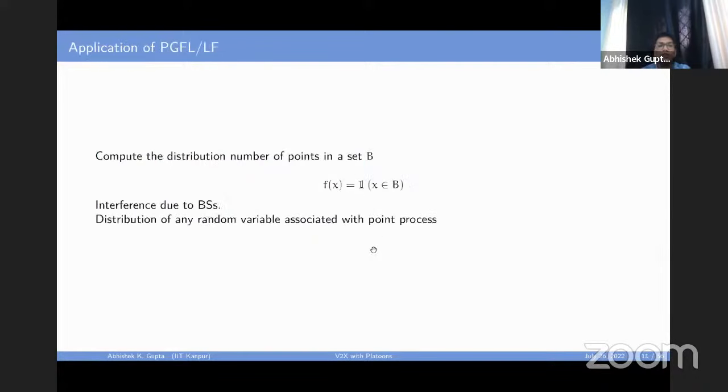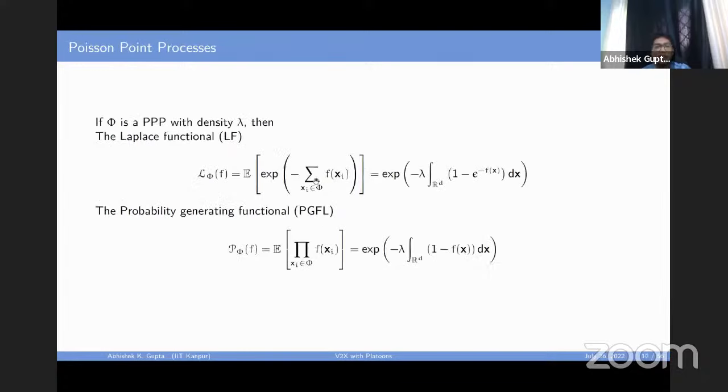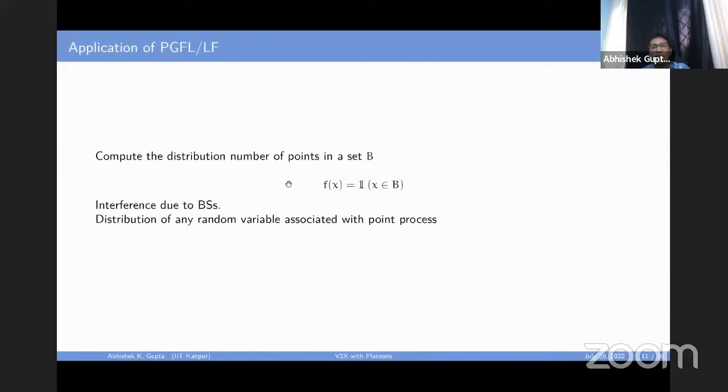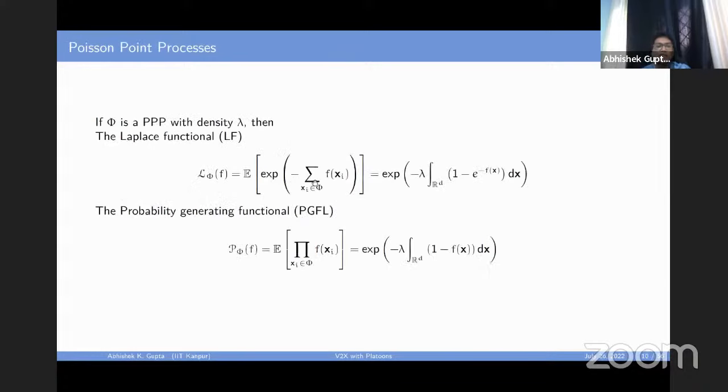So what is the use of this PGFL or Laplace functional? Suppose you want to compute the distribution of the number of points in set B. Then you can take this function, the indicator of x belonging to B. And if you take the summation over all points, you will see this gives you the number of points in set B. Now, if you go back here and compute this expectation, you basically get the Laplace transform of the number of points in the set B. So if I just put this back here, this will be the summation of f(xi), which is the total number of points in B, and this will be the Laplace transform of that.